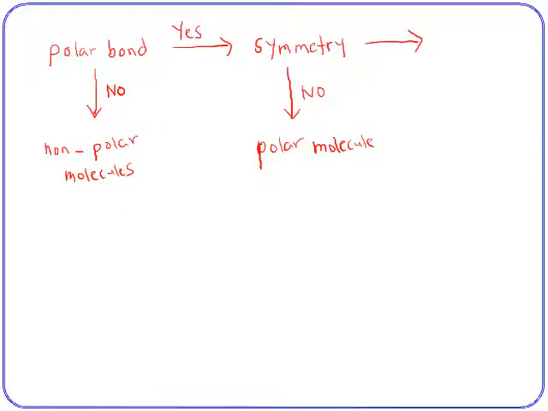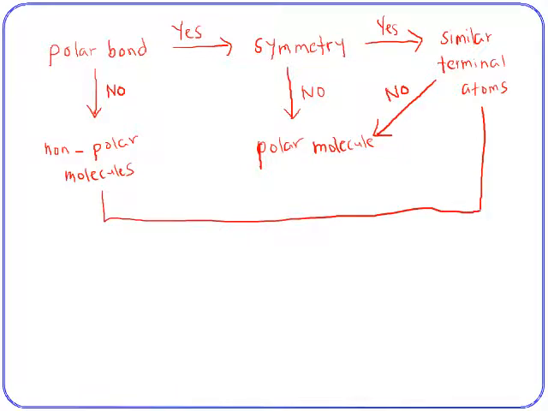If the shape is symmetry, then you ask, are all the terminal atoms similar? If your answer is no, the molecule is a polar molecule. But if your answer is yes, then the molecule is a non-polar molecule. Okay, so I hope this summary can help you in determining polar and non-polar molecules.